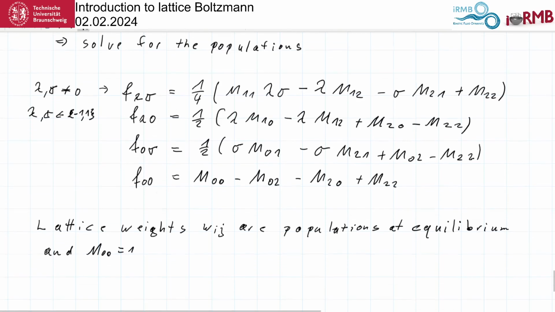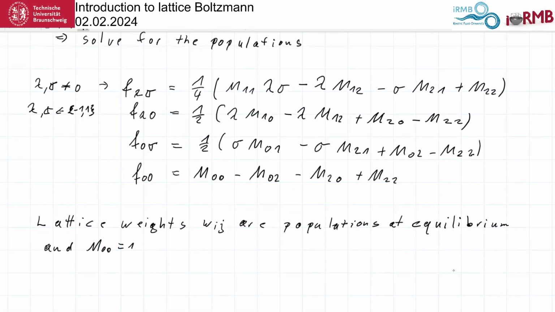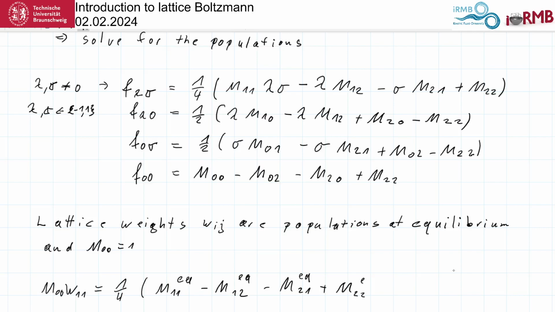So what we can say is that, for example, the weight 1 is, with M00 equal to 1, 1/4 (M11 equilibrium minus M12 equilibrium minus M21 equilibrium plus M22 equilibrium).